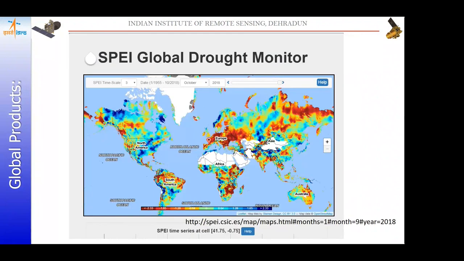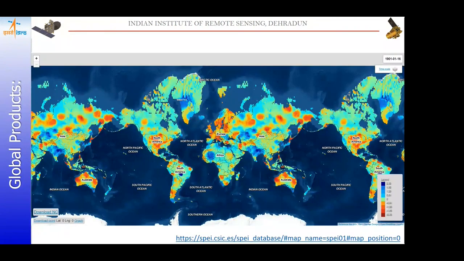The next is the SPEI, the standardized precipitation evapotranspiration index, and these products are also at global scale. You can easily see the data sets and variations of SPEI from 1901 till 2020.